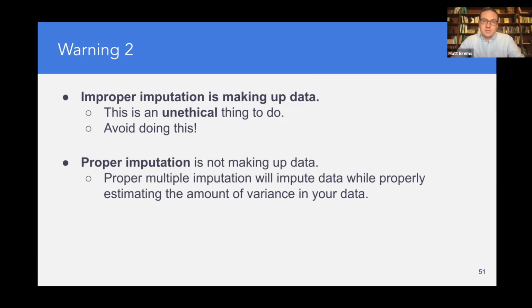Proper multiple imputation is going to impute data while properly estimating the amount of variance, or that variability, in your data. You're not going to underestimate the variance in that data. So I would encourage you to not do improper imputation, because at the end of the day, it effectively is making up data.